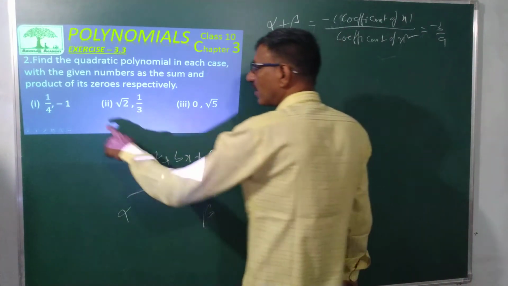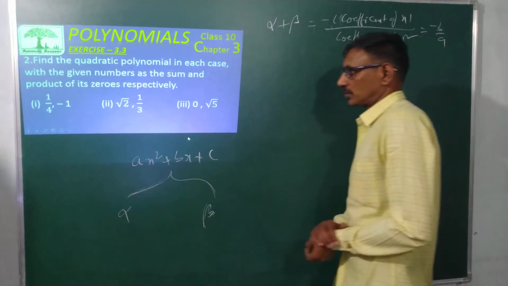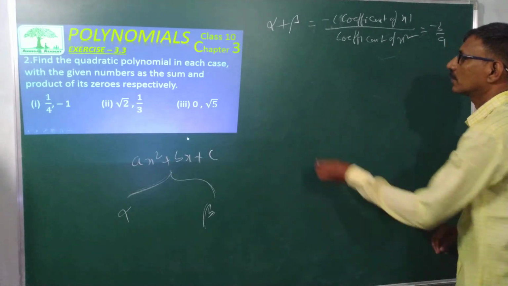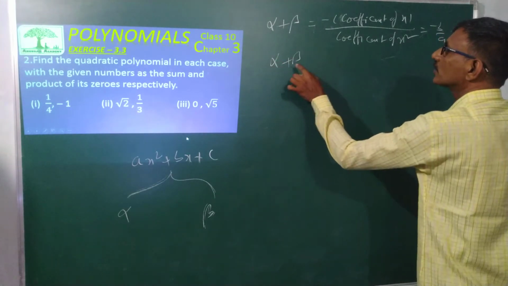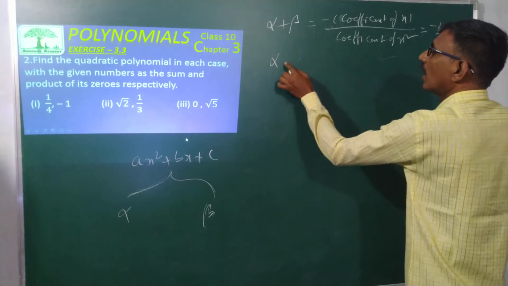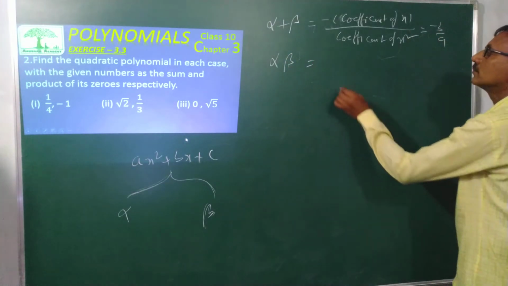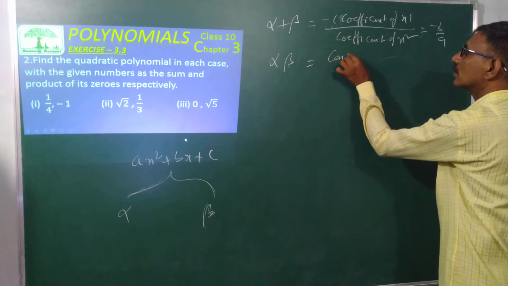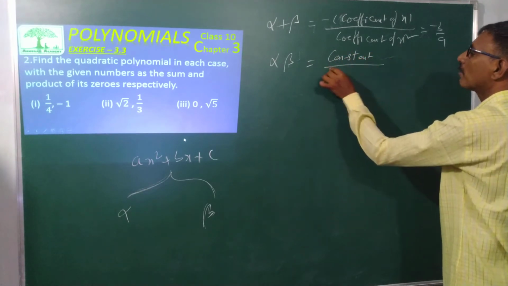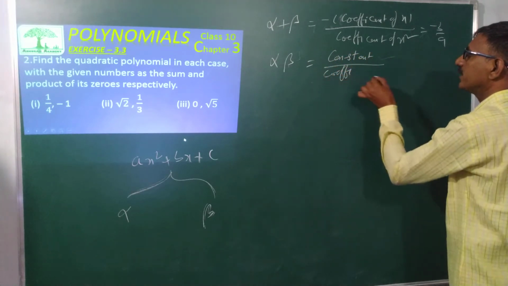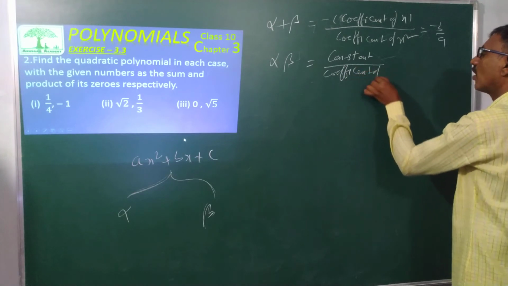And the product of the zeros, alpha into beta, is equal to the constant divided by the coefficient of x square.